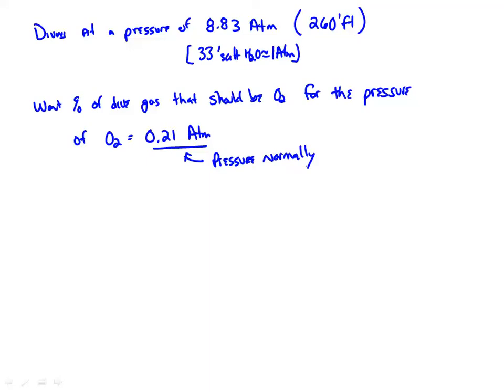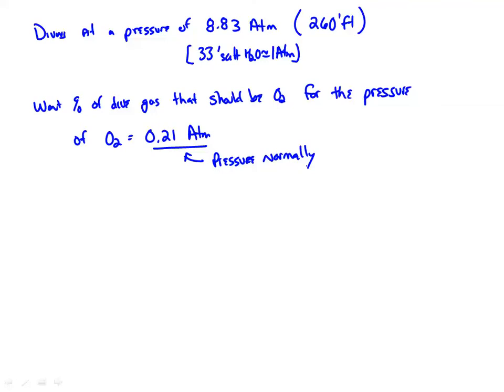So the idea is that if you're down 260 feet where the pressure is 8.83, we don't need as much oxygen in our mixture because we've got a higher pressure. And so what we end up with is a dive gas that is much, much lower in oxygen.